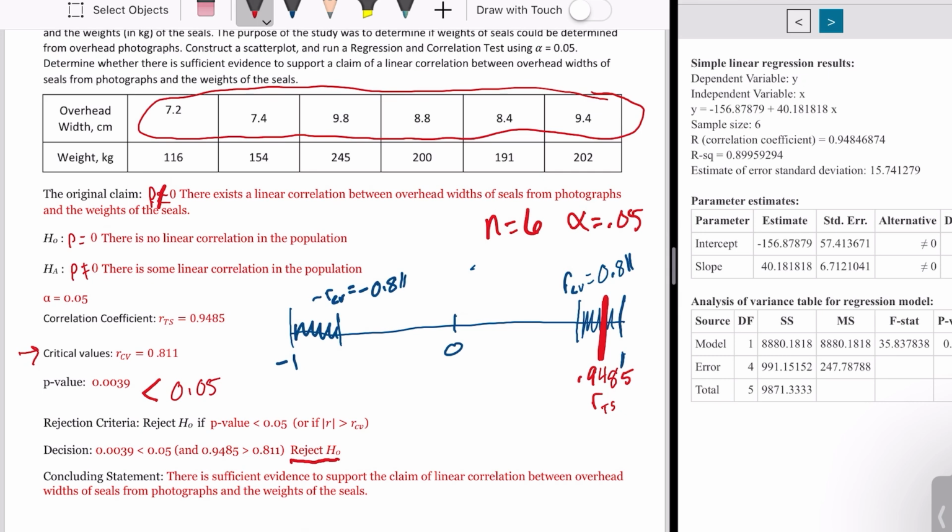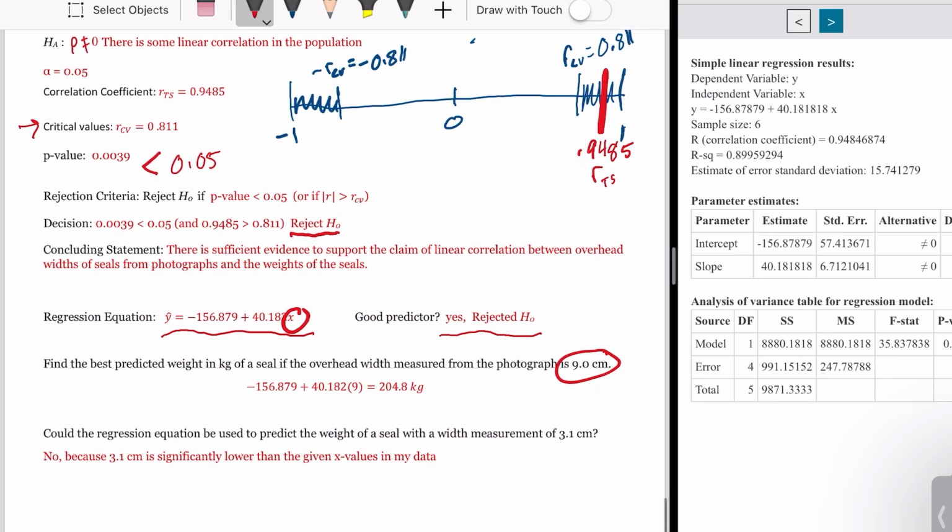That's like a baby seal, and a baby seal may not have the same proportions as an adult. Just because you measure the width on the picture doesn't mean you can calculate the weight. So I'd say no, I don't think we can use that line to predict the weight of a seal with a 3.1 centimeter width.